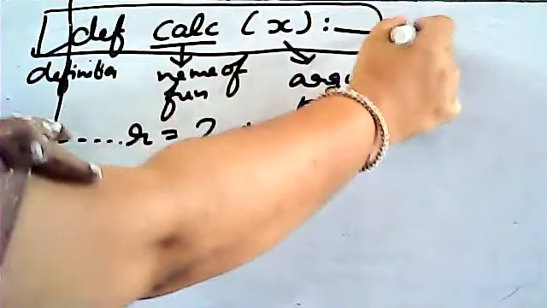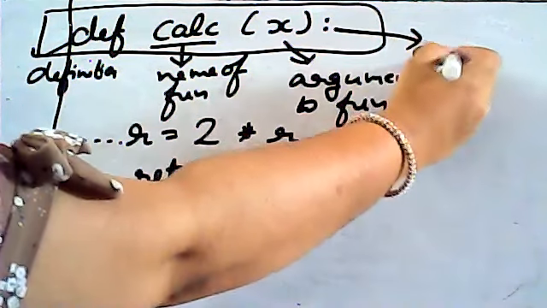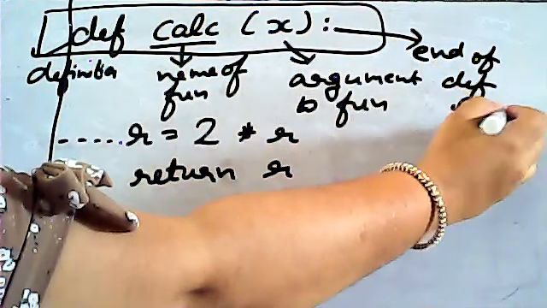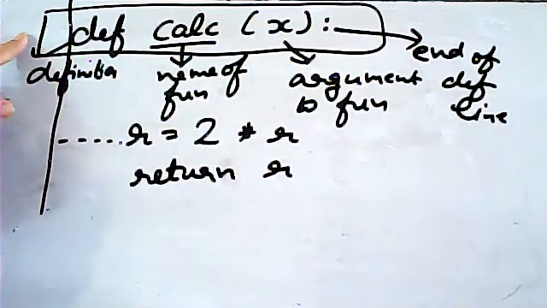It signifies the end of the def line. What is the def line? It means the definition line. This colon means this. So I am telling you all the syntax first, and then we'll move further.